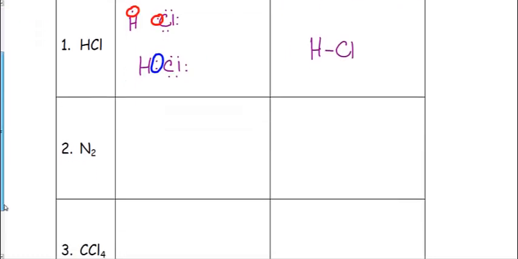Then we have N2, and when we draw out these, nitrogen has 5 valence electrons, and then we'll do the other one.